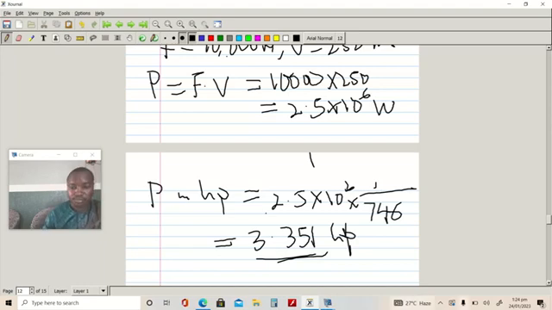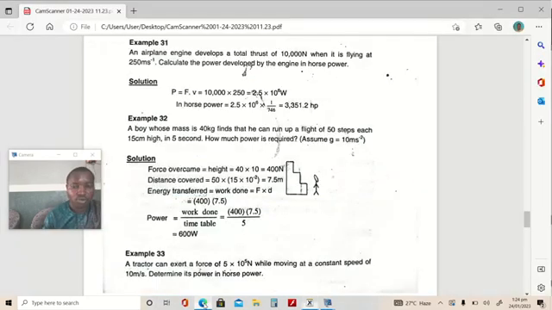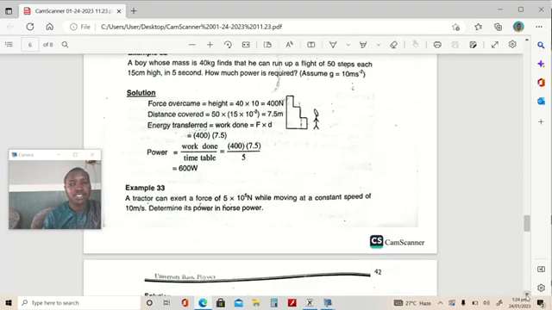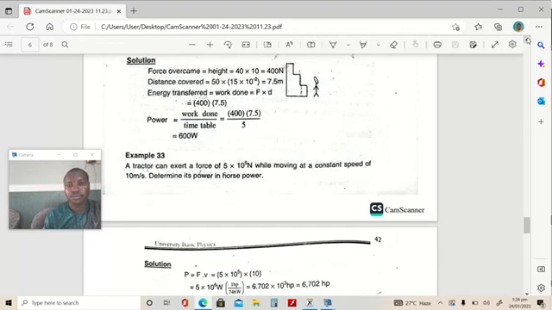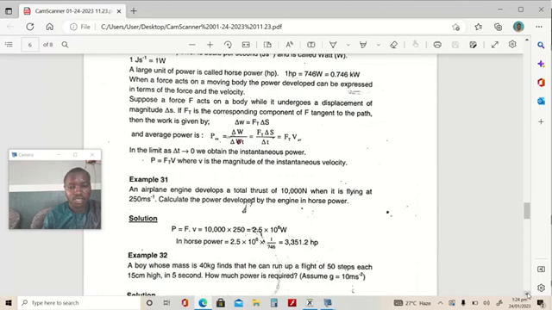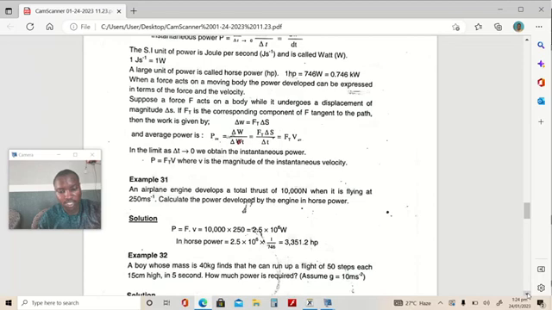So let's look at the last example today before we call it a day. This one says a boy whose mass m is 40 kilograms finds out that he can run up a flight of 50 steps, each 15 centimeters high, in 5 seconds.